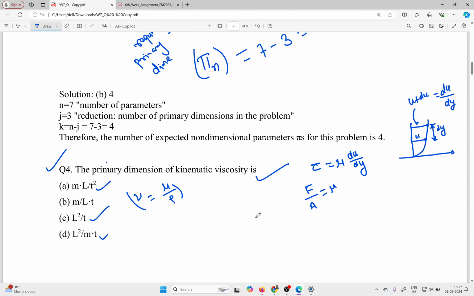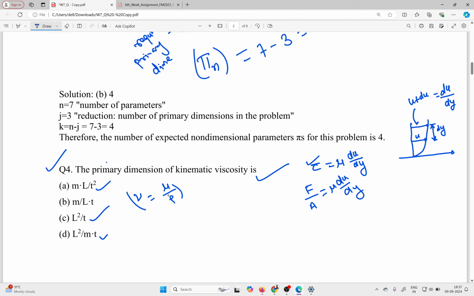So basically, here I have discussed that shear stress is equal to dynamic viscosity into del u by del y. That is the velocity gradient. How you get the velocity gradient I have discussed. So your shear stress is equal to force by area from the very basics, and du by dy.